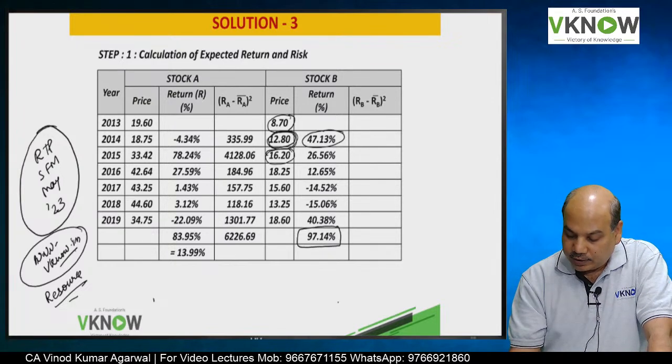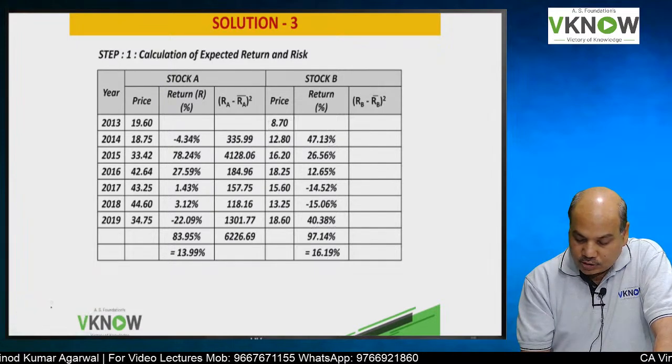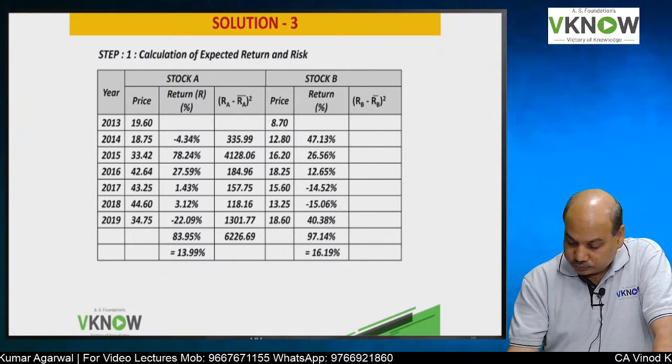Take the total, 97.14% divide by 6, 16.19%. Just check this is right.